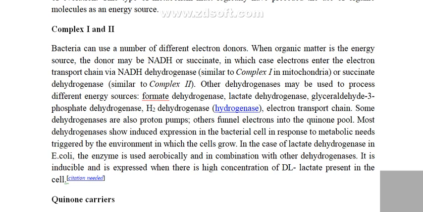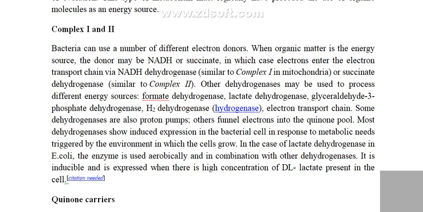Bacteria use a number of different electron donors. When organic matter is the energy source, the donor may be NADH or succinate, in which case electrons enter the electron transport chain via NADH dehydrogenase.